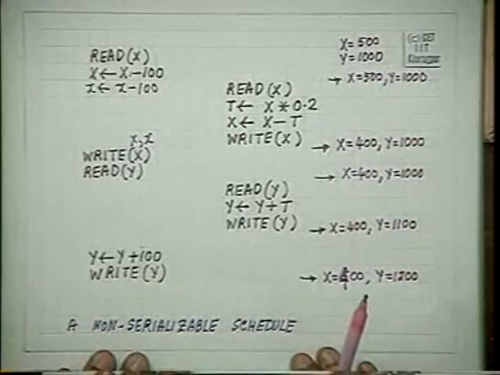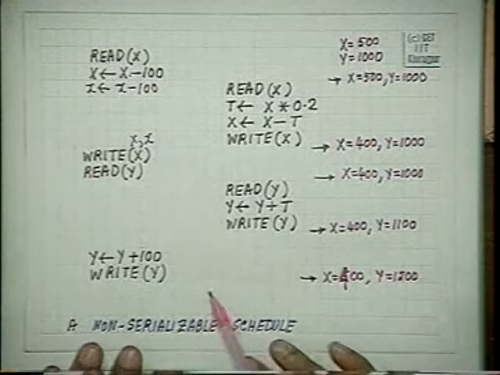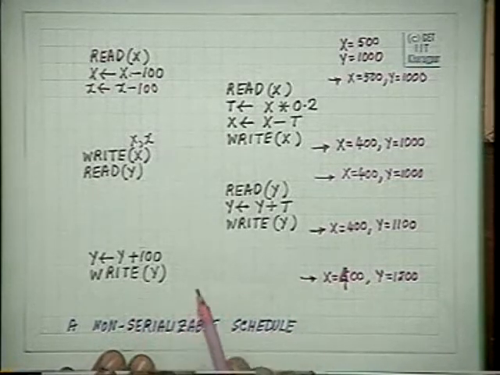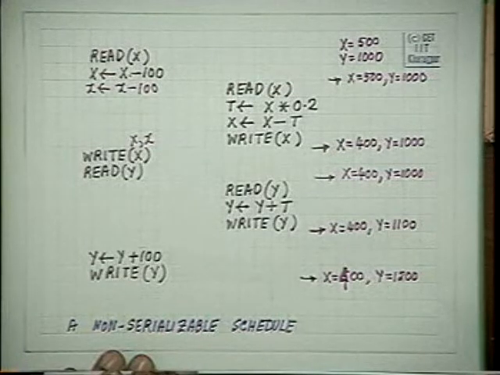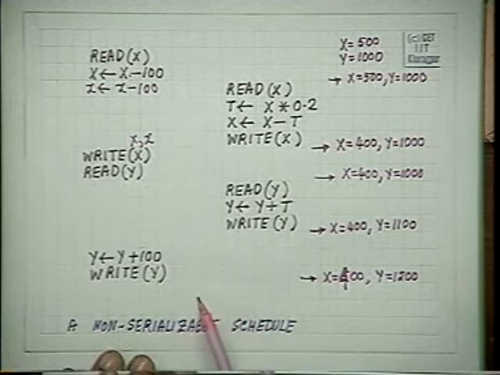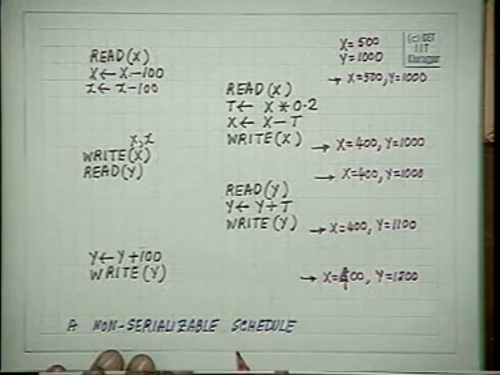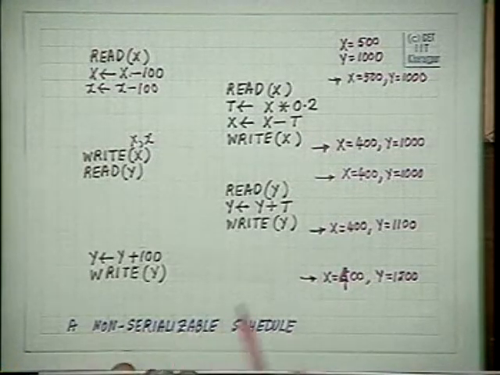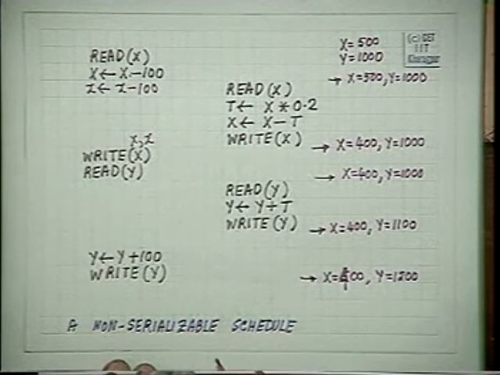On the other hand, this is a schedule which is not equivalent to any serializable schedule. In fact, it is not a proper schedule at all. It is not a consistent schedule at all. And if A plus B is not our consistency criteria, we say anything can happen, I don't care about the result. There is no consistency criteria.